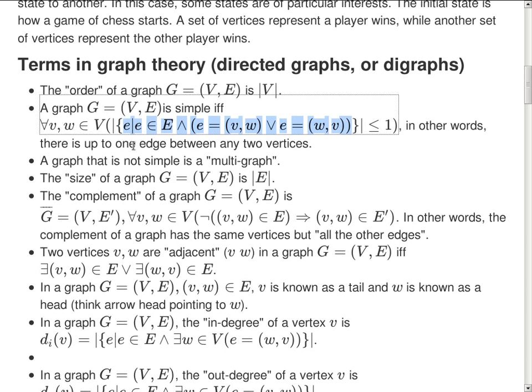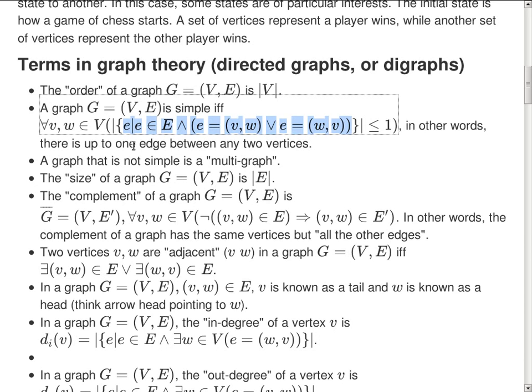But if you didn't have that, if you had A through Z, and you had one edge going to each node, regardless of the directions, and it's not going back to another node, it's still a simple graph, right? You cannot have two edges involving the same two vertices. Right. Basically that's what it is.